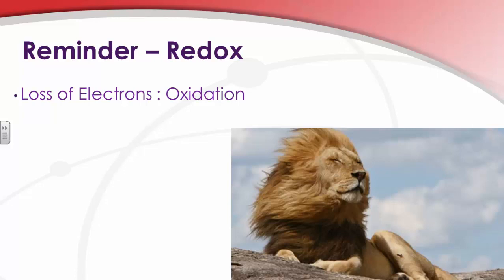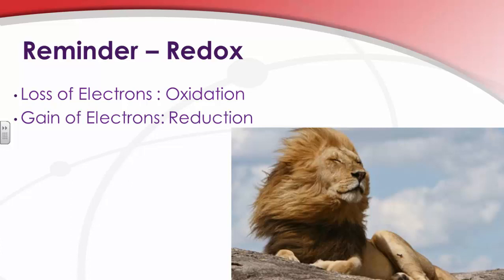We should keep in mind the concept that the loss of electrons is oxidation, the gain of electrons is reduction. And in redox reactions, both occur. If you're having trouble remembering, the usual way that people look at it is: loss of electrons, LEO, says gain of electrons, GER. LEO says GER.